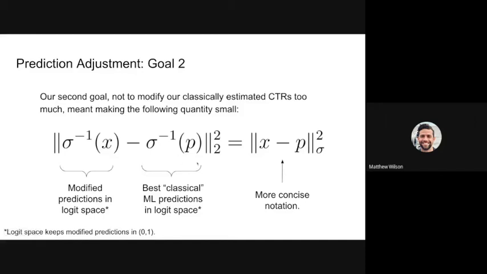And the second term is our best classical predictions in logit space. So we want our best classical predictions to be close to our best modified predictions in logit space. That's what it meant to not change our predictions too much for us. And again, there are different ways to translate those words into math that are interesting and possibly worth exploring in the future.